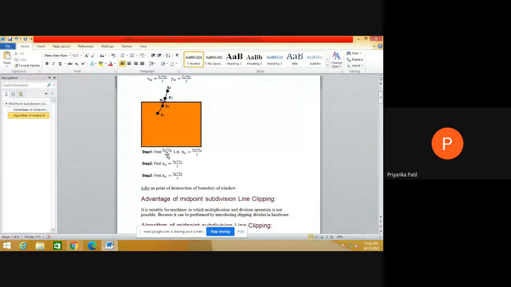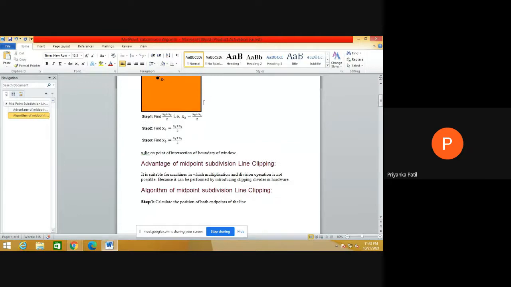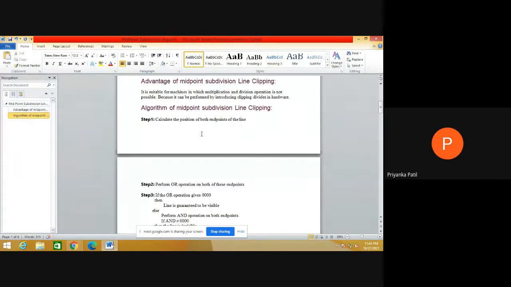First, find (x1 + x2) / 2, which gives the midpoint of that line. We store that value in x3. Then find x4, meaning we always calculate the subdivision of that particular line segment. This is the basic parameter we consider here.